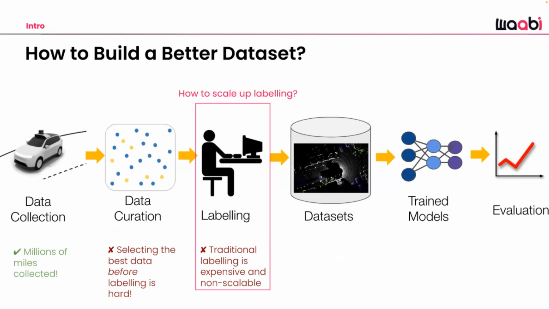Now, the most common way to do any sort of labeling is to employ humans. And this can usually do really, really well and produce the highest quality annotations possible, but it also requires manual effort, so it's therefore pretty expensive.